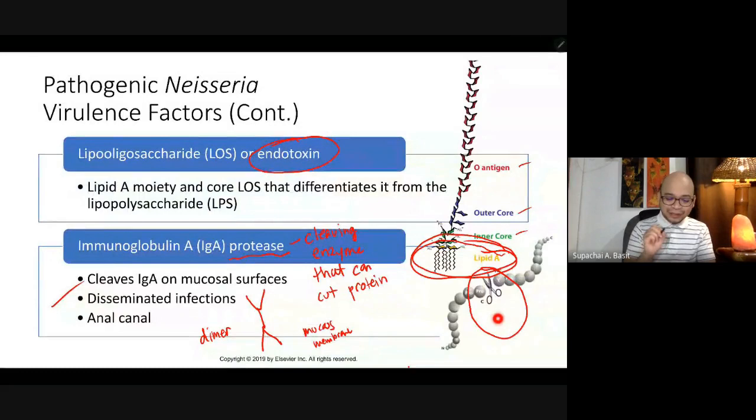And this particular IgA protease can also be found in the anal canal. So it is also possible that people who would have unprotected anal sex may also be infected with Neisseria. So it will just cut our antibodies, making the antibodies useless. So that is the IgA protease.